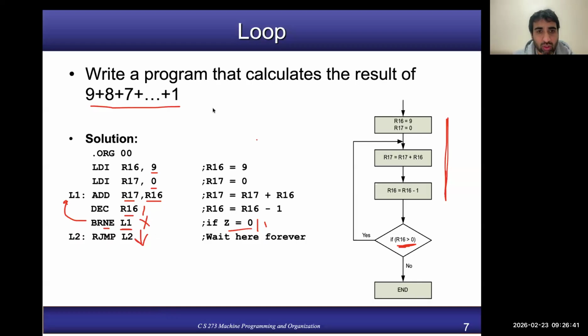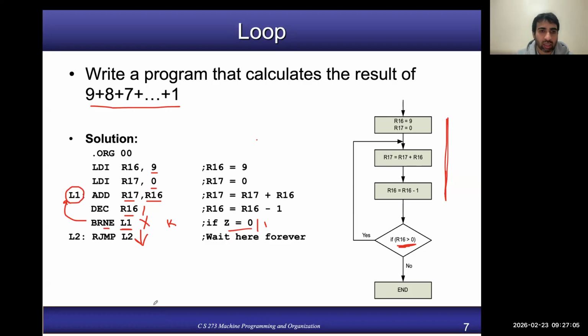Okay. So what will be the value of K here? Remember how the value of the program counter is set when you take the branch: PC is equal to PC plus 1 plus K. So what will be the case such that the branch is taken back to the label L1?